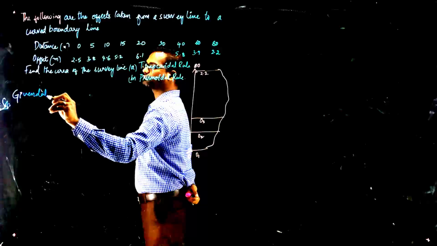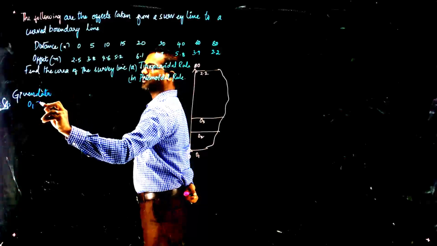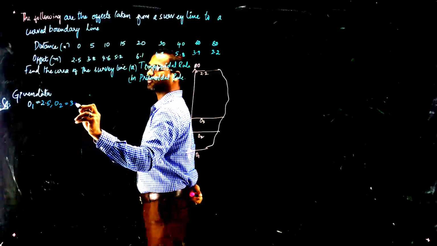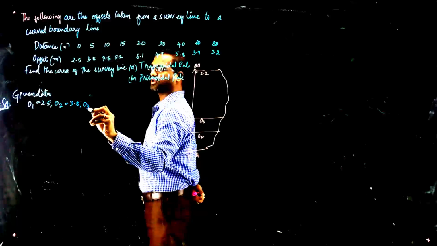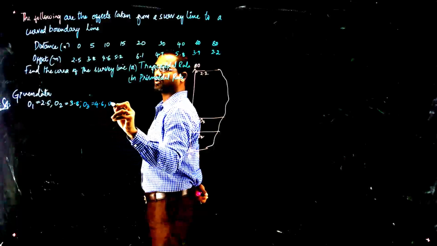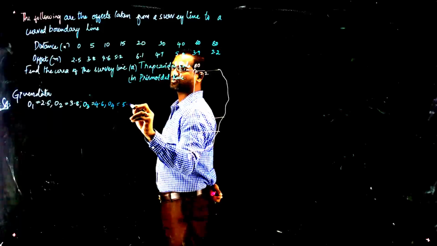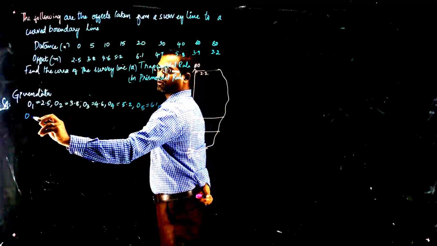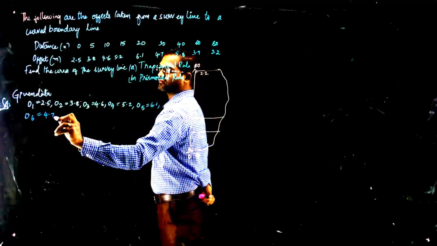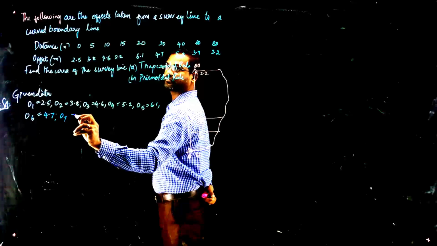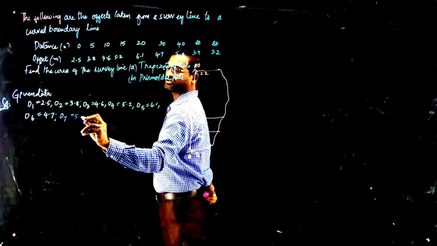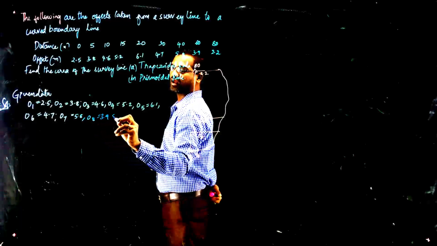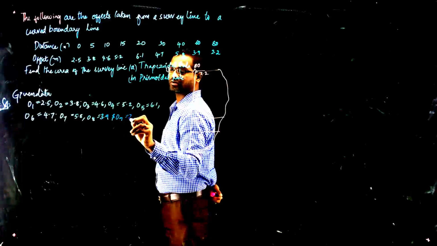Given data: ordinate 1, 2.5; ordinate 2, 3.8; ordinate 3, 4.6; ordinate 4, 5.2; ordinate 5, 6.1; ordinate 6, 4.7; ordinate 7, 5.8; ordinate 8, 3.9; and ordinate 9, 2.2.